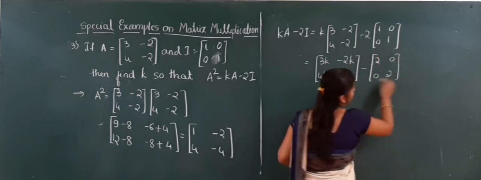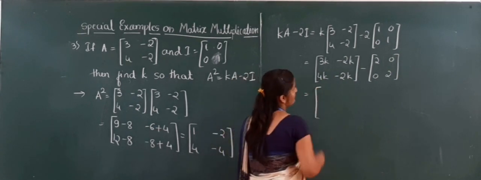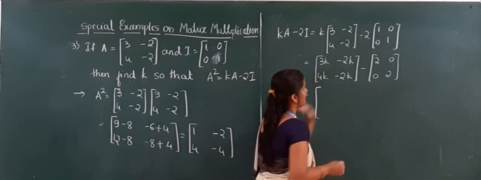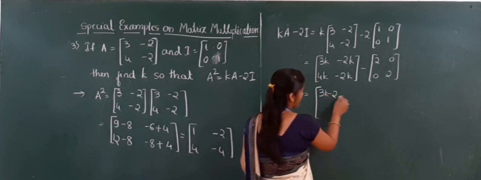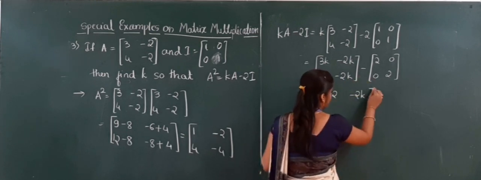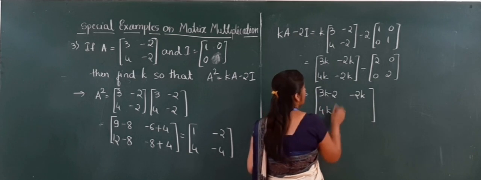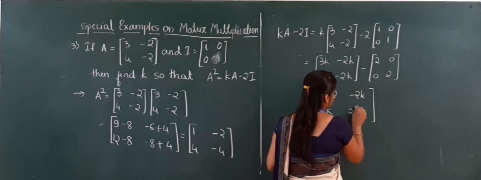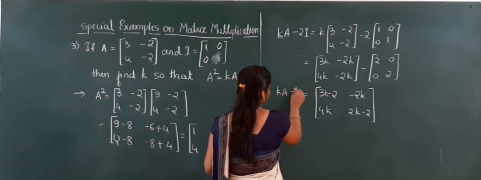We know the scalar multiplication easily. So 3K minus 2, sorry, subtraction. 3K minus 2, minus 2K minus 0, that is minus 2K. 4K minus 0, 4K, minus 2K minus 2 as it is. So this is our KA minus 2I.